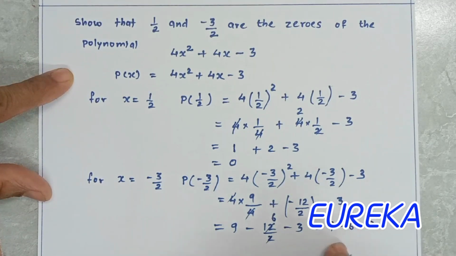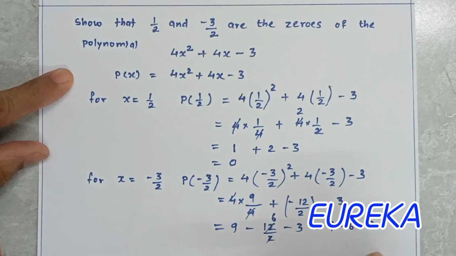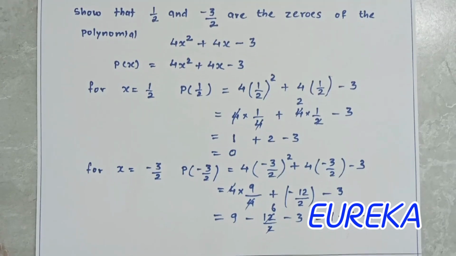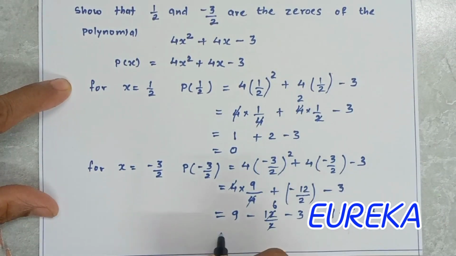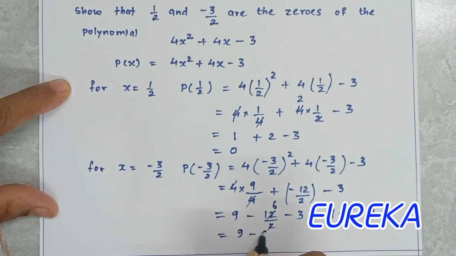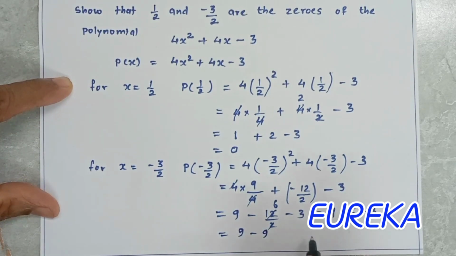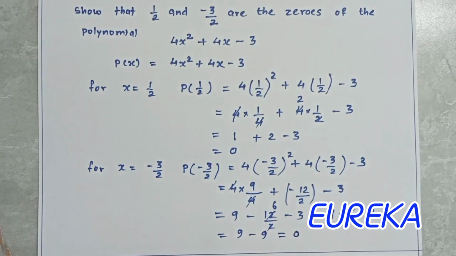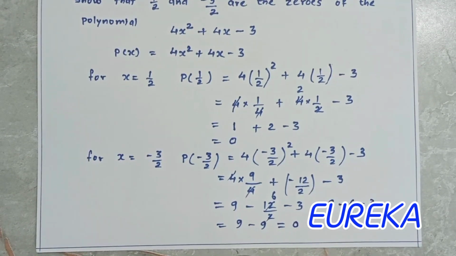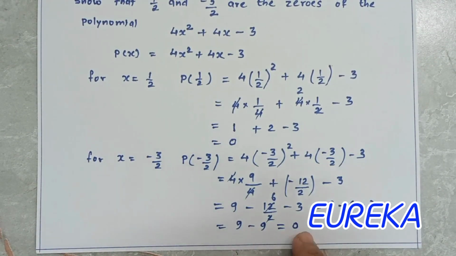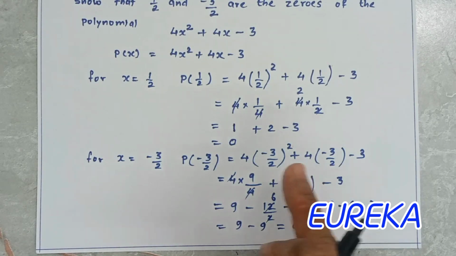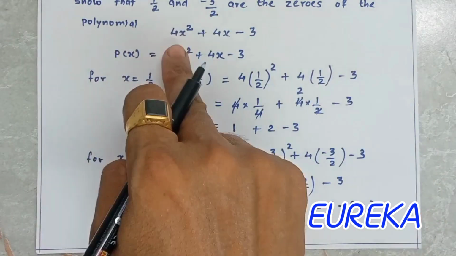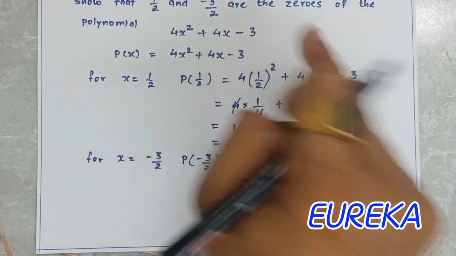Now both are negative, so they will add, 6 and 3, so we get 9 minus 9. And 9 minus 9 is 0. Is it visible? Yes. So 9 minus 9 is 0. So we say that 1 by 2 and minus 3 by 2 are the zeros of the polynomial 4x square plus 4x minus 3.